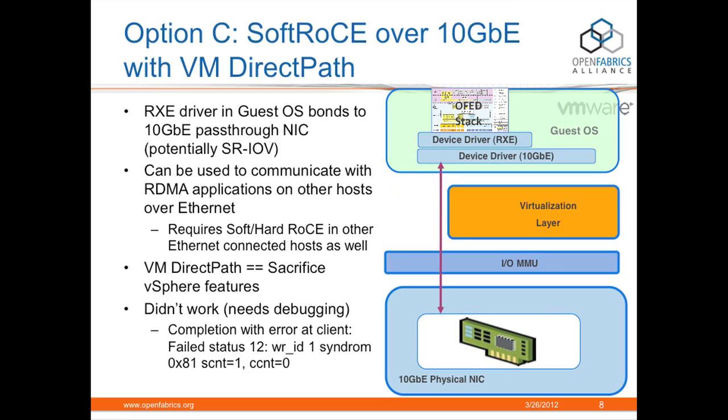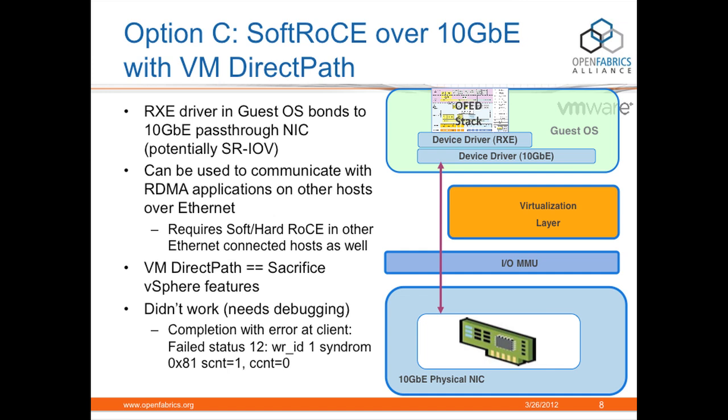Option C is one of the guest-level RDMA approaches. This is by using the SoftRoCE driver from System Fabric Works, which binds to regular Ethernet devices in the guest. So you can imagine passing through or direct assigning a 10 gigabit physical NIC to a guest, whether it's a full function pass-through or SR-IOV pass-through with a VF, doesn't matter.